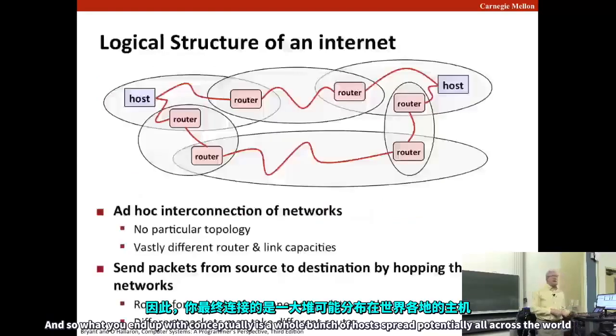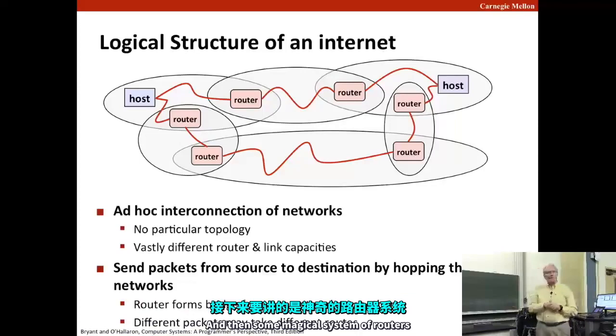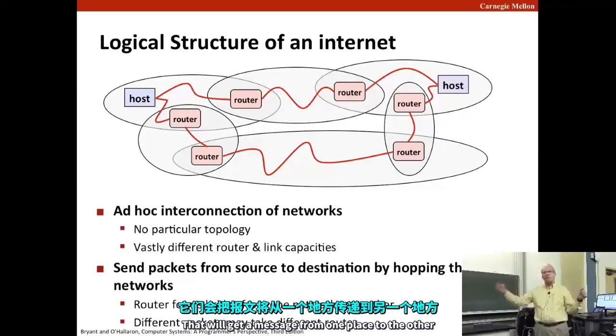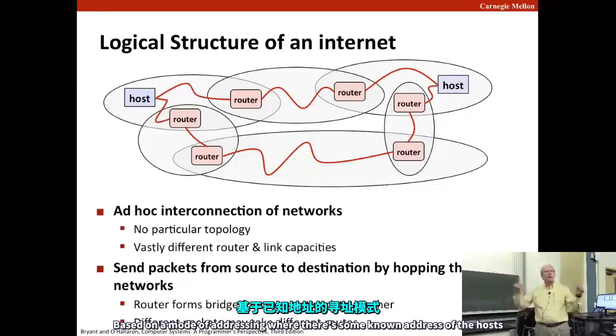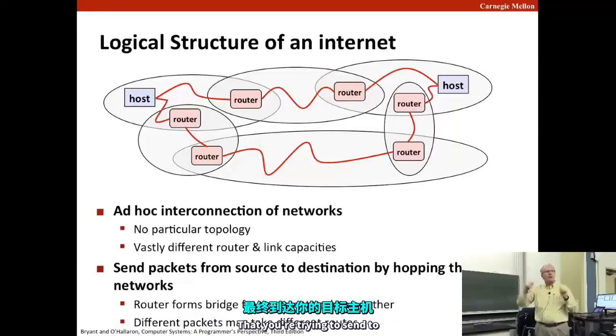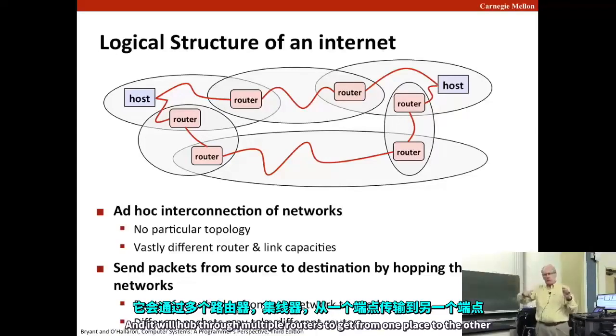And so what you end up with conceptually is a whole bunch of hosts spread potentially all across the world, and then some magical system of routers that will get a message from one place to the other based on a mode of addressing where there's some known address of the host that you're trying to send to, and it will hop through multiple routers to get from one place to the other.